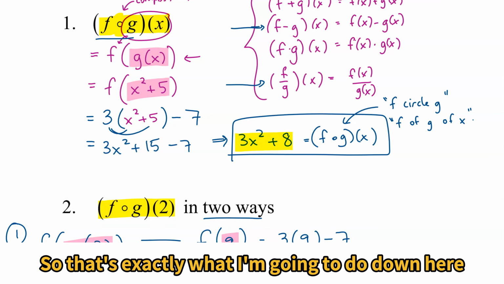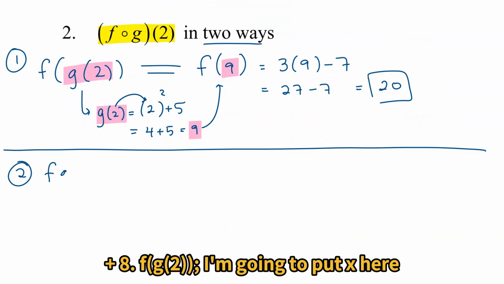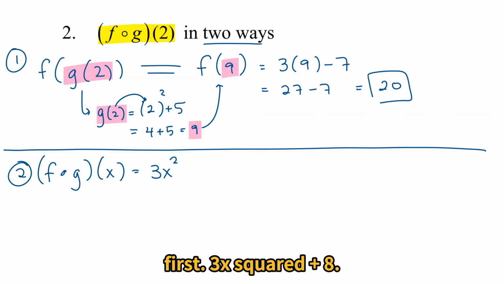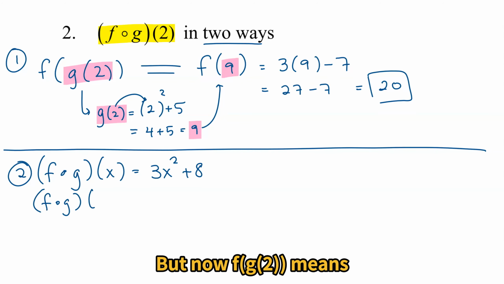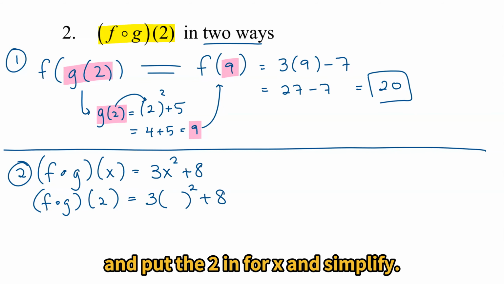So that's exactly what I'm going to do down here in my composition. 3x squared plus 8, f of g of 2. I'm going to put x here first. 3x squared plus 8. But now f of g of 2 means I'm going to have 3x squared plus 8 and put the 2 in for x and simplify.